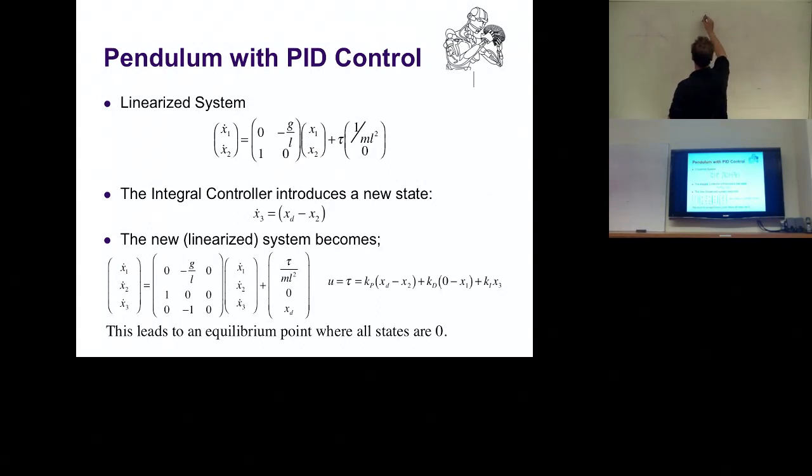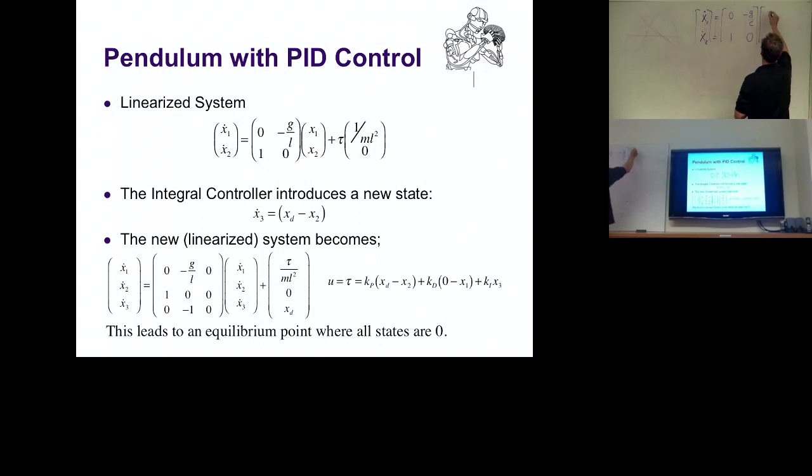So we have x1 dot, x2 dot equals. Now we have a matrix 0, minus g over L, 1, 0, matrix vector multiplying x1 and x2, plus my motor command tau times a vector 1 over m L squared, 0.